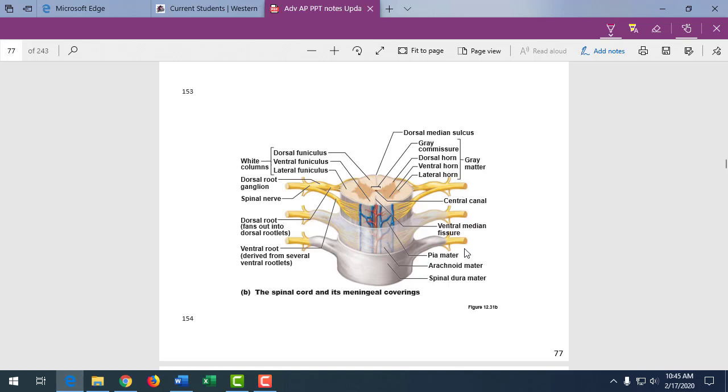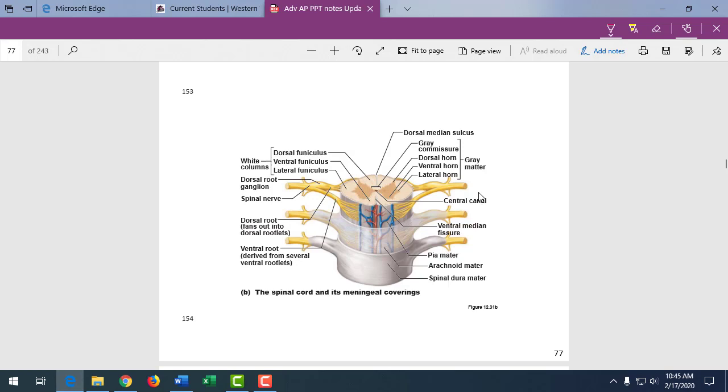So when we look at spinal nerves, all spinal nerves carry sensory information coming in, and that's through the dorsal root of the spinal nerve, which is here. And then the information going out from the spinal cord to the muscles and organs is through the ventral root. So ventral root is motor information, outgoing. Dorsal root is incoming sensory information.